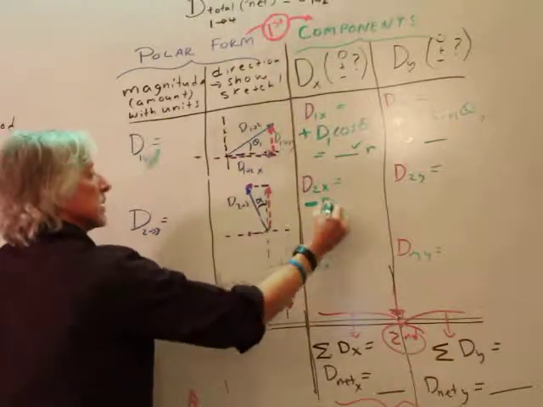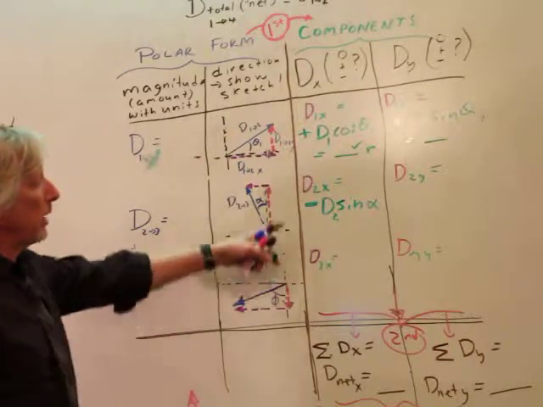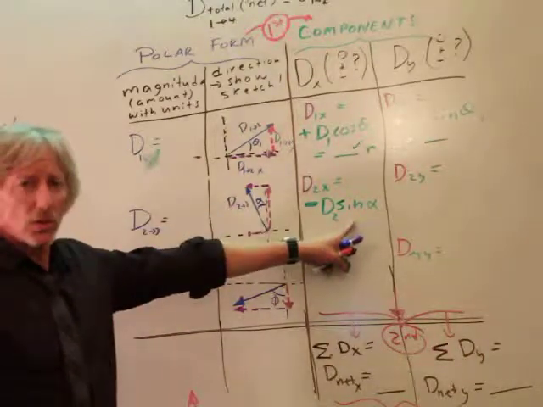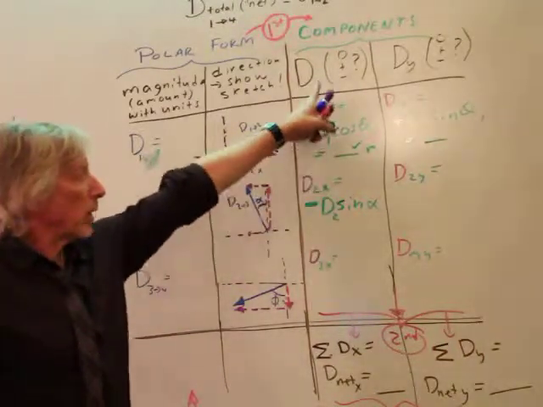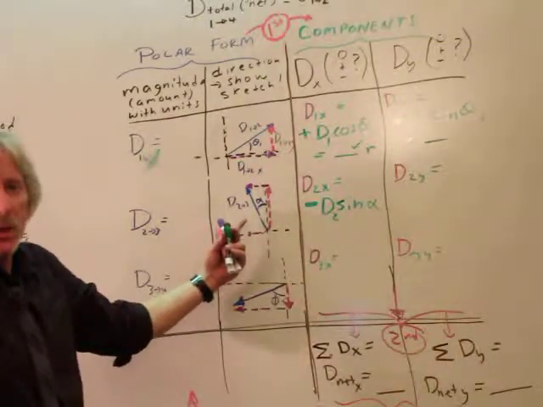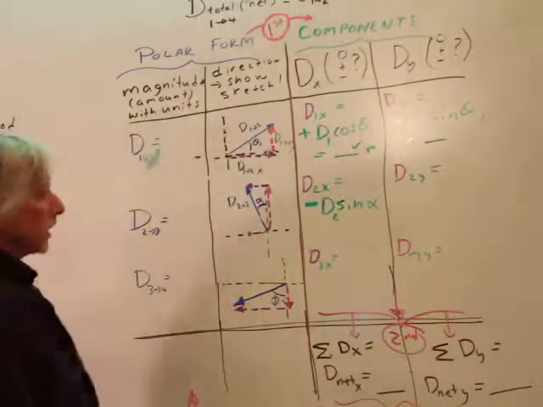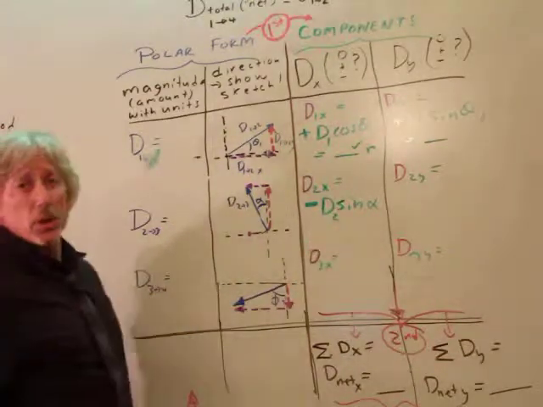If it's opposite, then I use sine of alpha. So be sure to realize that you can use the sine for x components too. Just your picture will tell you. You don't even have to think about it. It's right there. Once you've done this, it'll reveal itself. And again, you can put in numbers if you've got them.